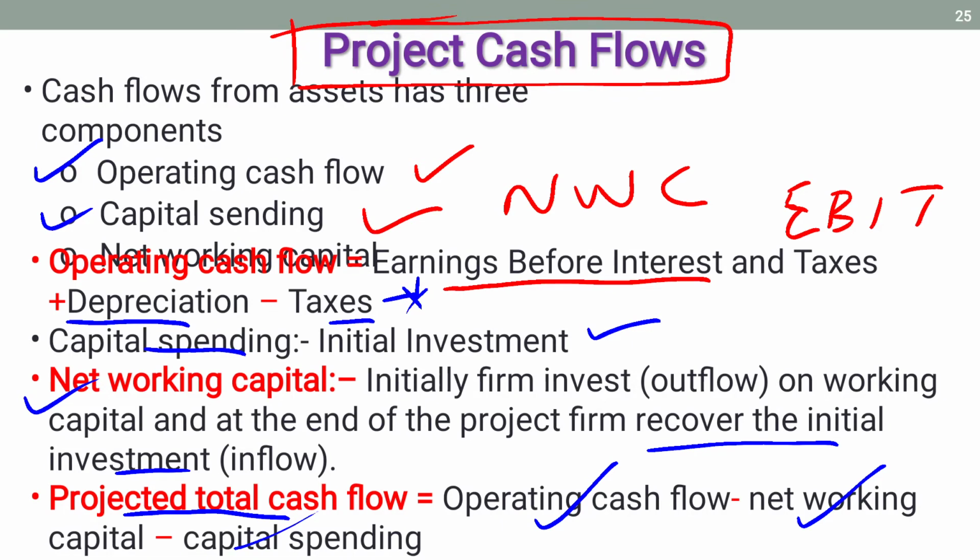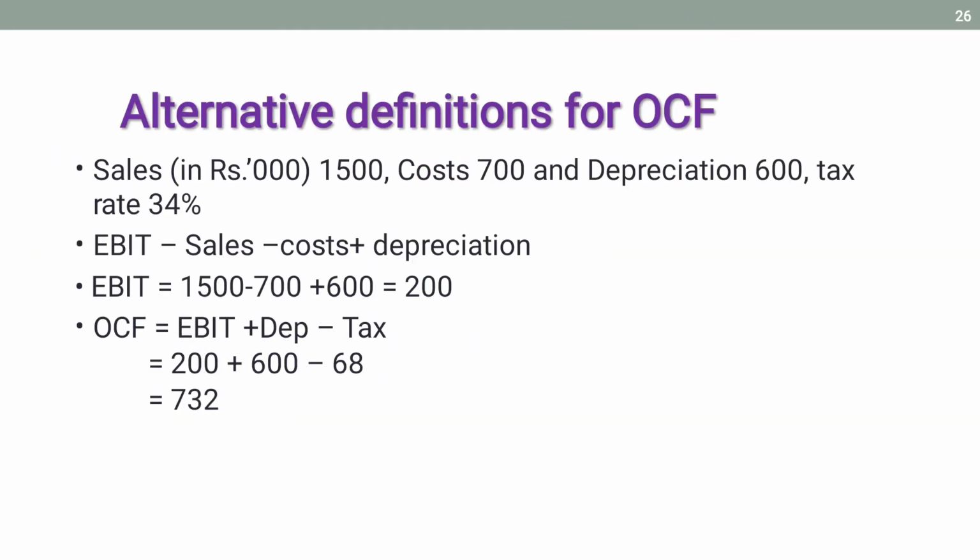Okay, let me explain this scenario in an example. Sales, values are in thousands, short form: 1500, cost is 700, depreciation is 600, tax is 34%.